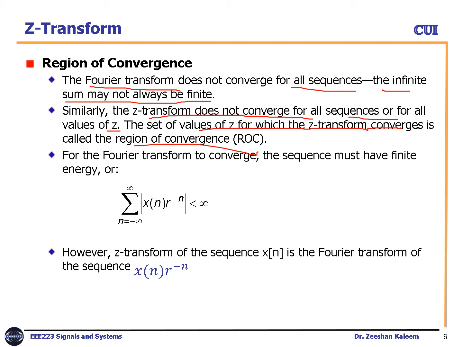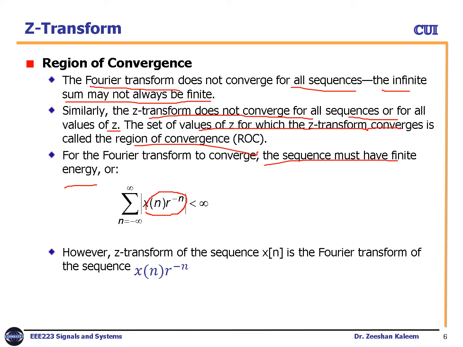For the Fourier transform to converge, the sequence must have finite energy. As we noticed in the previous slide, x[n] r^{-n} is equivalent to the Fourier transform case, but the signal will be x[n] r^{-n}. For this to converge, it should be less than infinity.